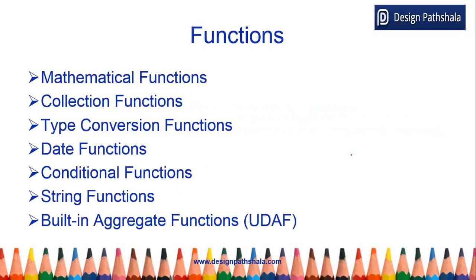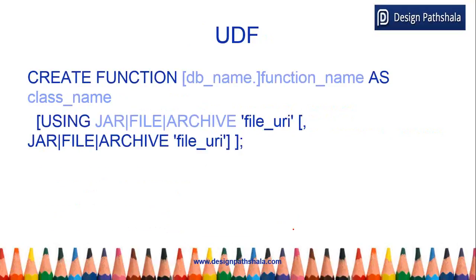So how to create your own functions? That is called user defined functions. You can write your Java code, I'll show you that part. Or you can create your functions in any other language also, not only Java. But if you are using Java to create a function, you just extend one class and create a jar out of it.